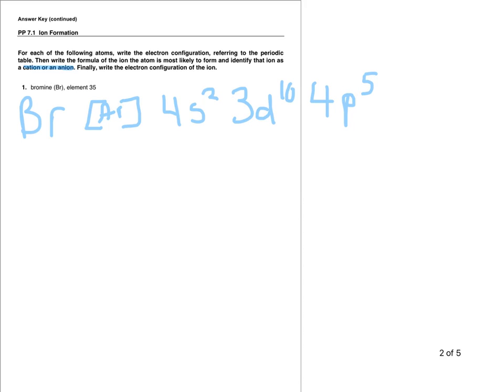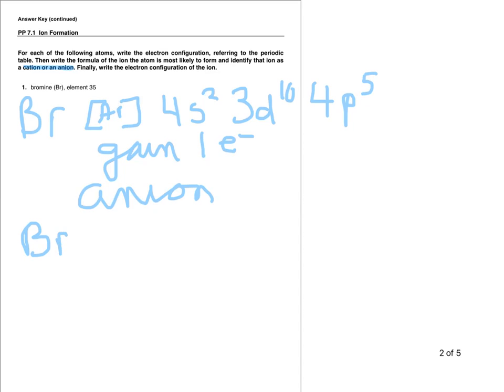This is almost filled up, so to completely fill it up, we need to gain one electron. And if it's gaining electrons, that means it's going to be an anion. And it's gained one electron, so it's going to become bromine with a 1 minus charge.